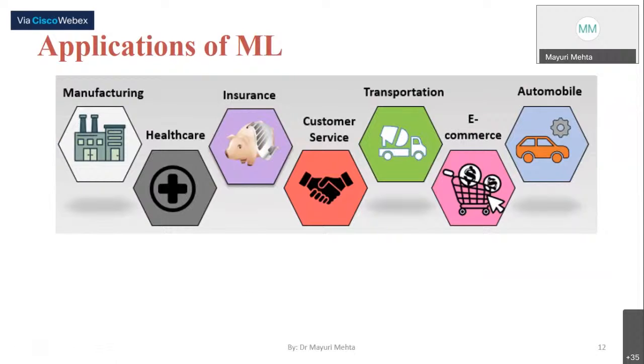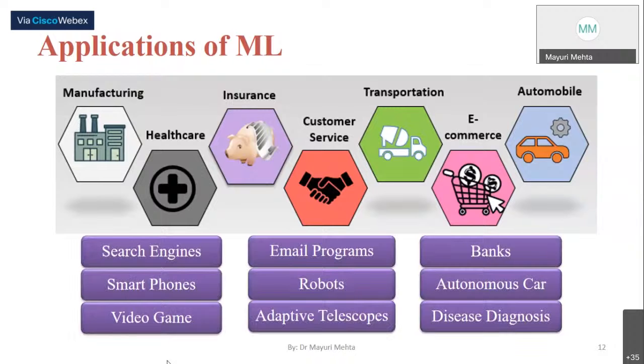To give you a better understanding of machine learning and its significance, here I have included a couple of real life sectors wherein machine learning has brought technological advancements, and I have also included a couple of daily life applications. These are the sectors: manufacturing, healthcare, finance, customer services, transportation.